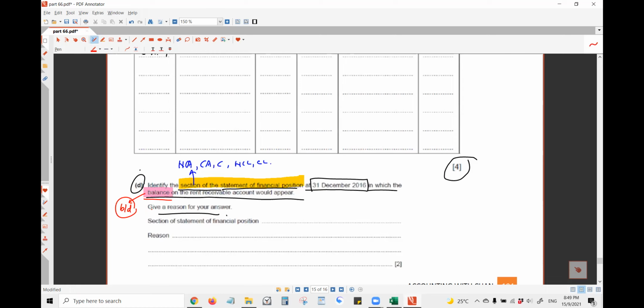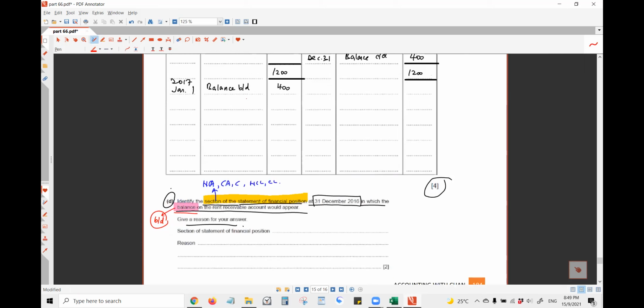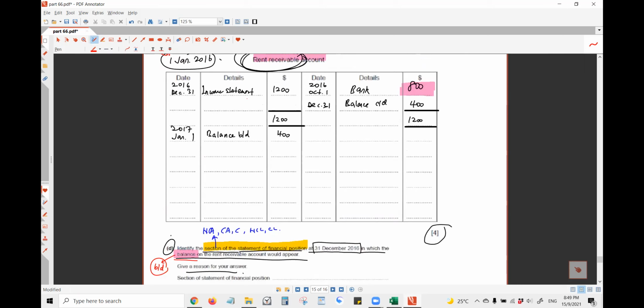Observe what you did before in the B. They are talking about this one. They're asking you where this 400 will appear. This 400 will appear in which section of the SOFP? NCA section, CA section, C, NCL or CL section.